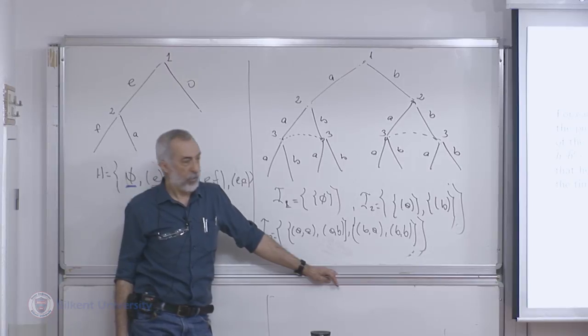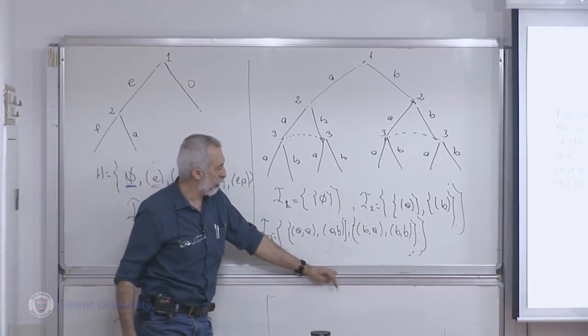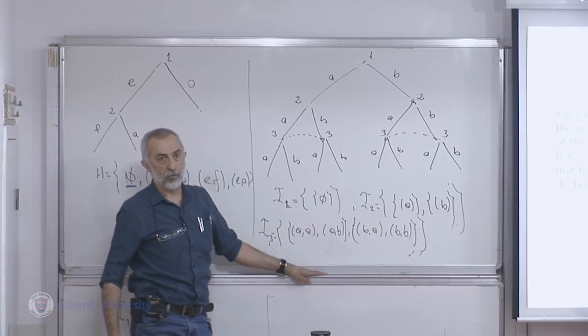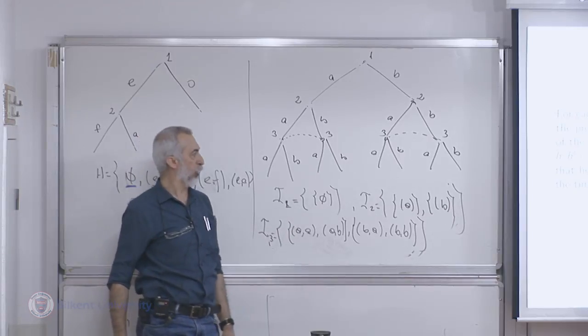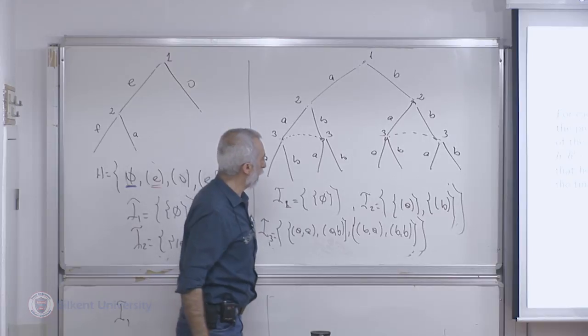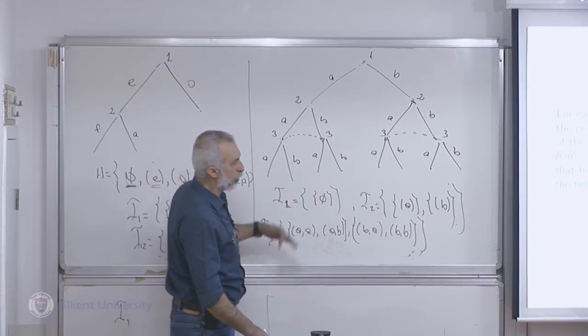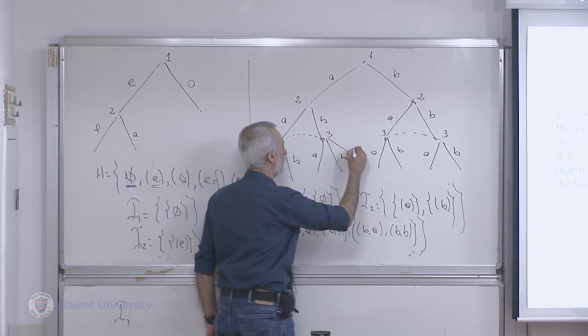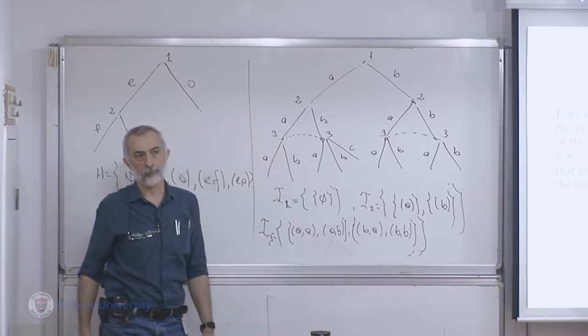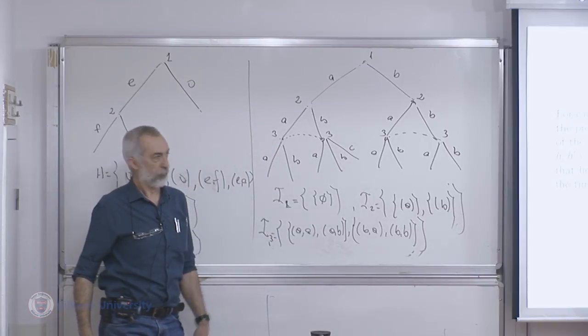Now there are certain things we have to be careful about for histories that belong to the same information set. Let's say that the game was not like this, but was like this. Is that possible?